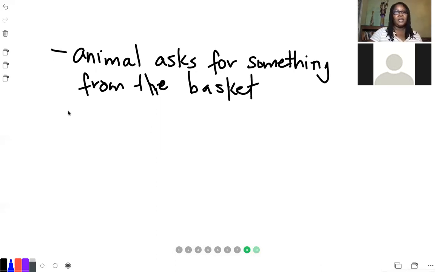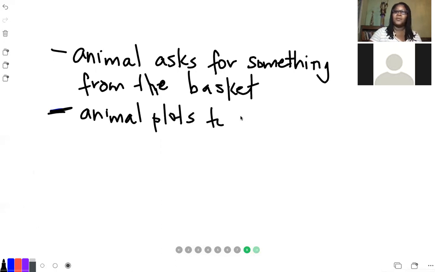So now you see where after the little girl moves on, the animal plots to steal the goods.